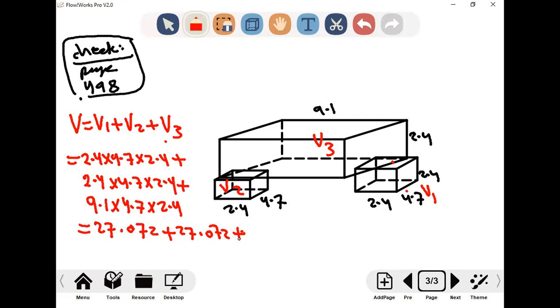It will be 102.648. Now let's add the 3 parts together. Plus 27.072 plus 27.072.